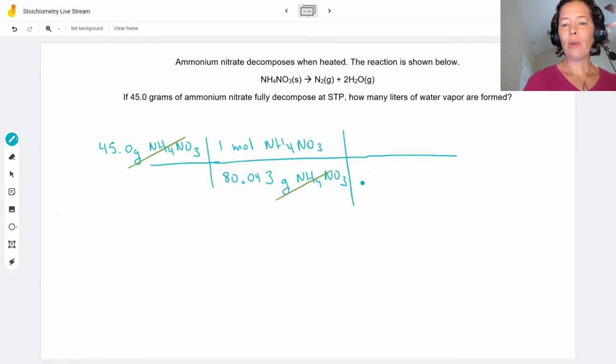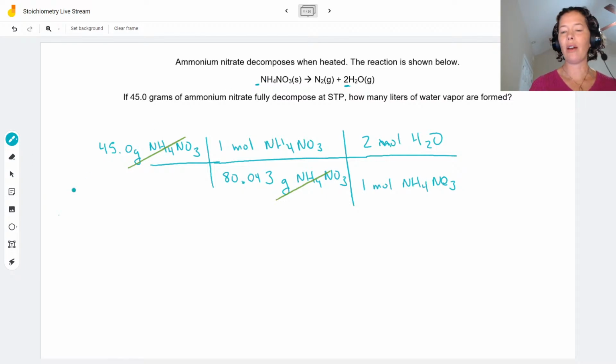So our ratio is 1 mole of ammonium nitrate to 2 moles of water. Again, these numbers come from the stoichiometric coefficients right in front of our chemical equation.